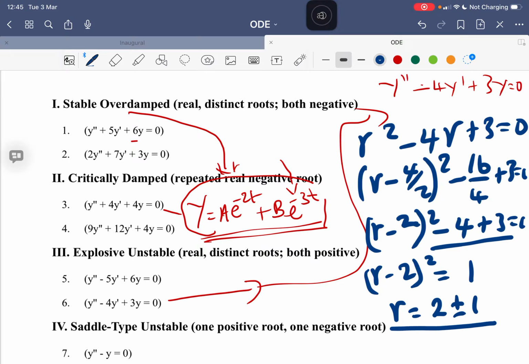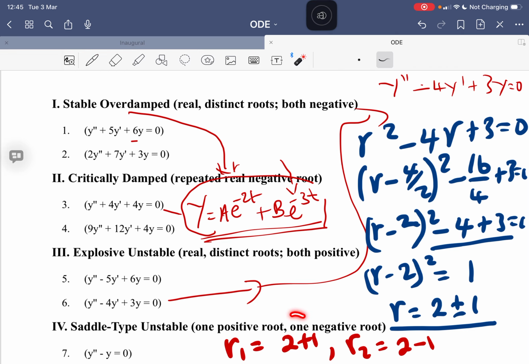So this will give you your roots. You can easily see that root 1 is going to be 2 plus 1, and root 2 is going to be 2 minus 1. So our roots are 3 and 1.